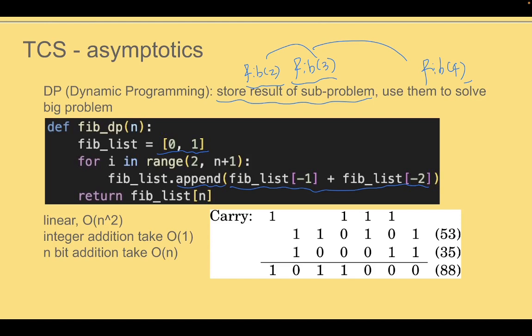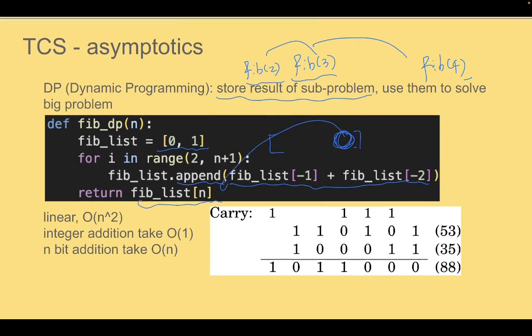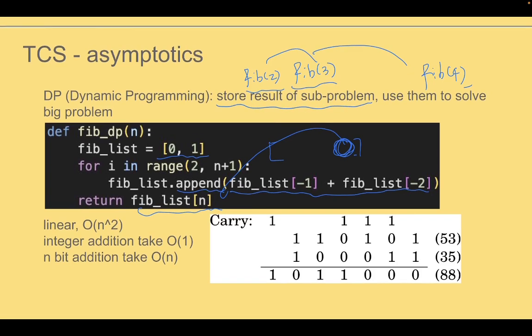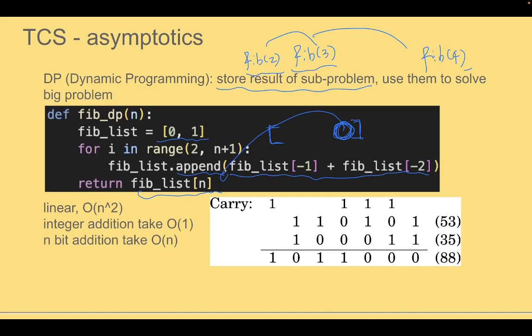And we return, so we have a long list, and we finally return the last element, which is fib_list[n], right? And this is dynamic programming, so we store all the results of subproblems in this list, and we use the results to calculate the bigger ones, right?